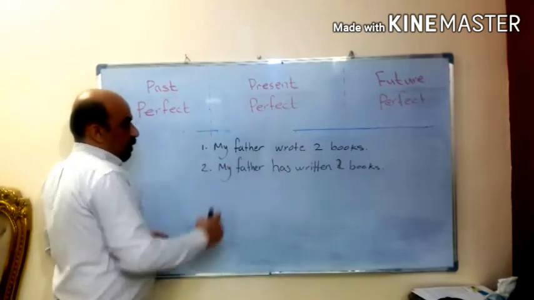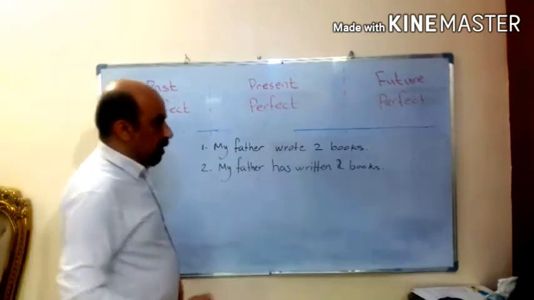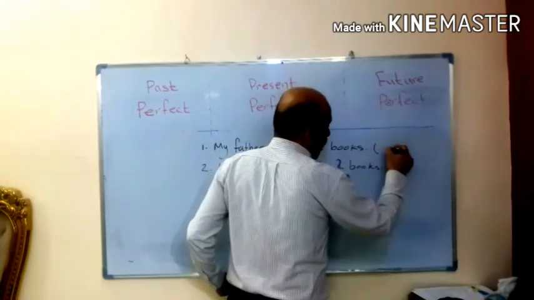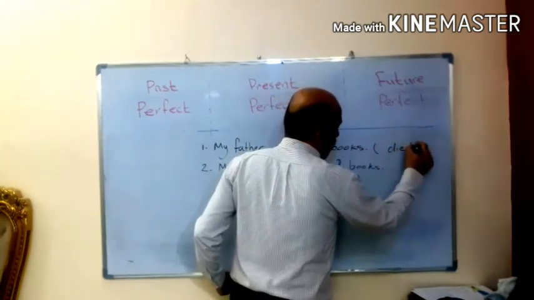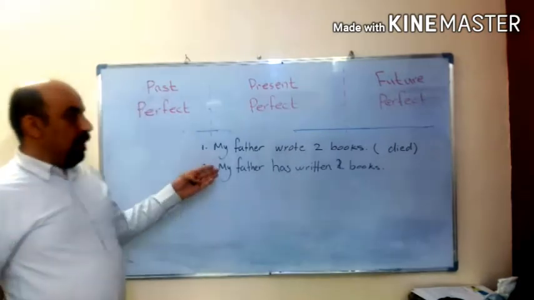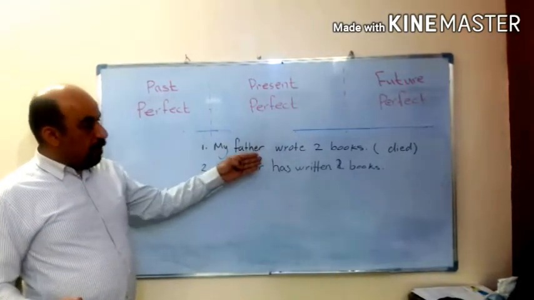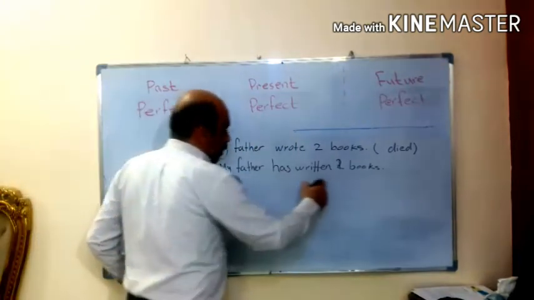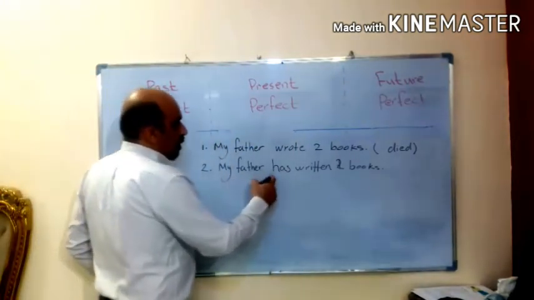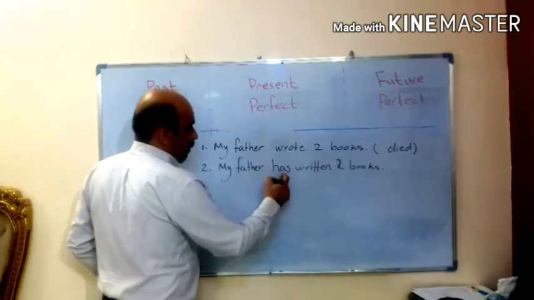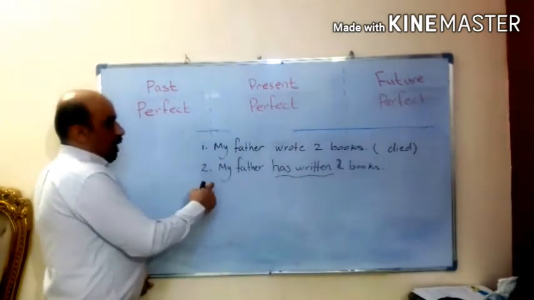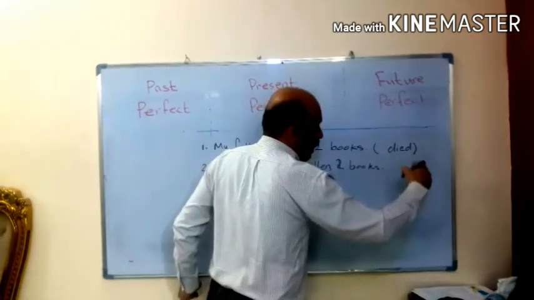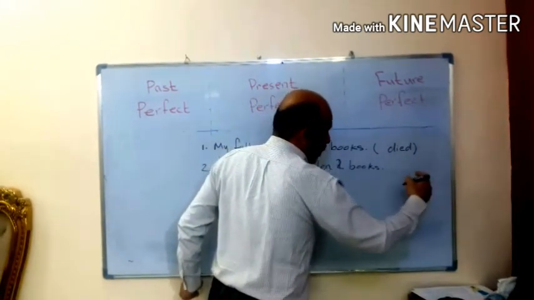In the first one, my father wrote 2 books. It means that my father maybe died because he cannot write other books. But for the other one, with present perfect, my father has written 2 books and he can write other books.